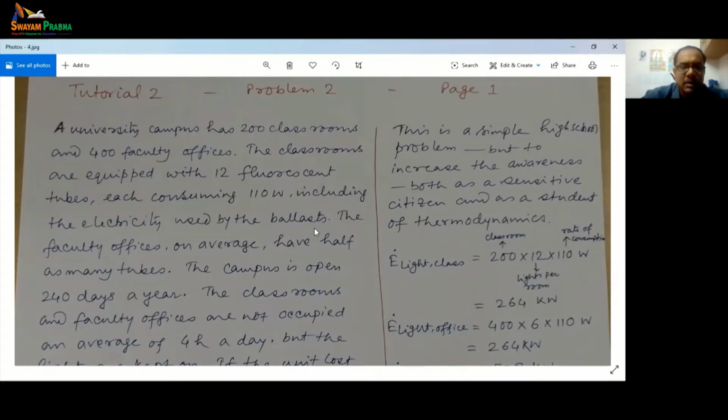Not all of us, but all of us sometimes pay less attention to small things which we should pay attention to as a sensible citizen, as a sensible engineer, and as a sensible person. So let's talk about some moral implication of thermodynamics. We can say this problem will open that door. So what's the problem?